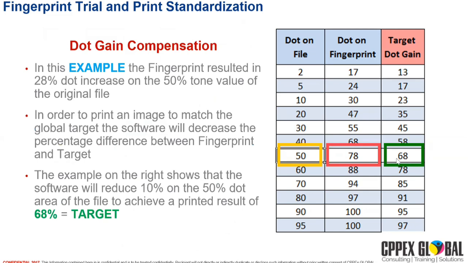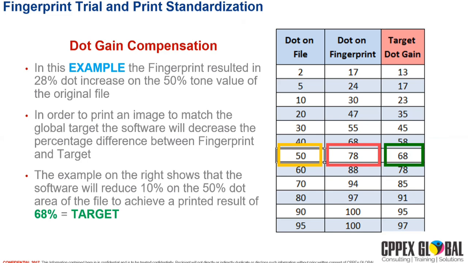So this table shows that during the fingerprint you are getting more dot as compared to the file and as compared to your target dot gain. So you need to minimize this dot gain. This will help by conducting the fingerprint trial on your machines.